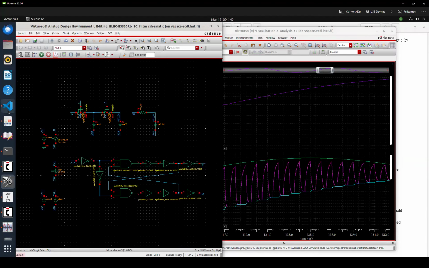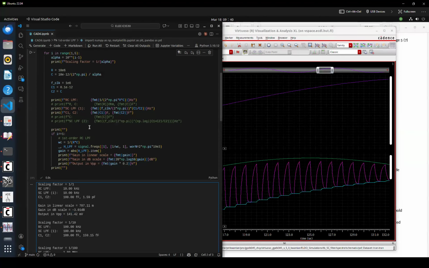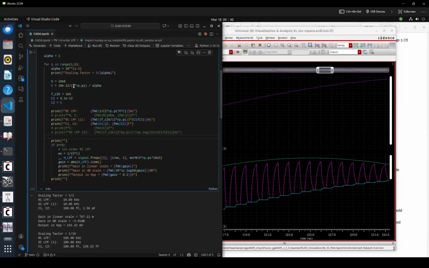So the solution was reducing the capacitance values C1 and C2, right? So in this case, maybe we can think about reducing C or R, starting from RC and increasing R. Then keep this one as it is.